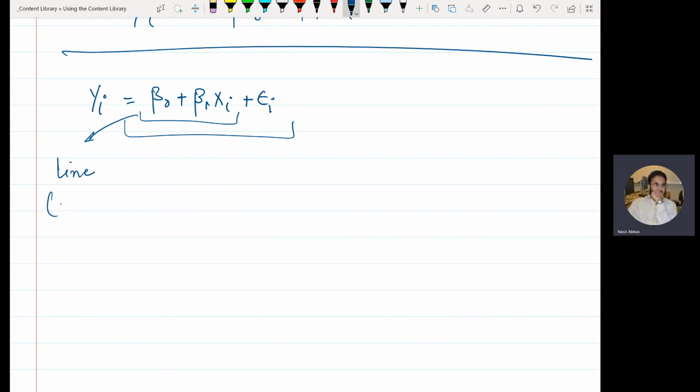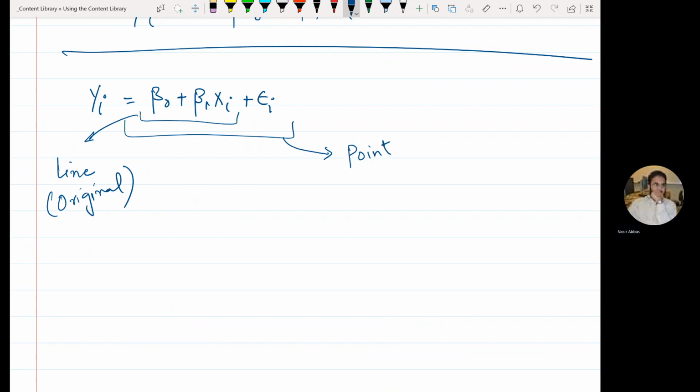I call it the actual line. This is the one that we're after. We don't know this line. And this one is the equation of the point, right?